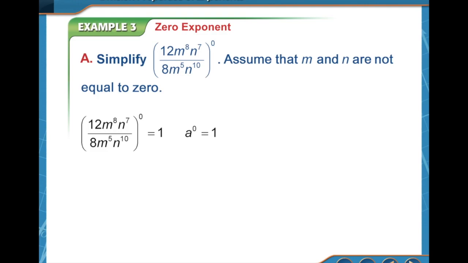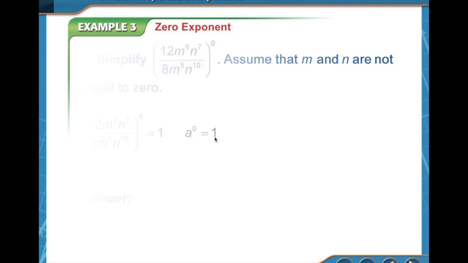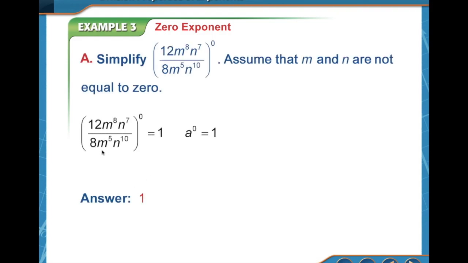That is all we have to say. Because anything to the 0 power is just that simple value of 1. So in 3a, you can write that whole phrase, but we know anything at all to the 0 power makes our life very simple. We can just say that is the value of 1.